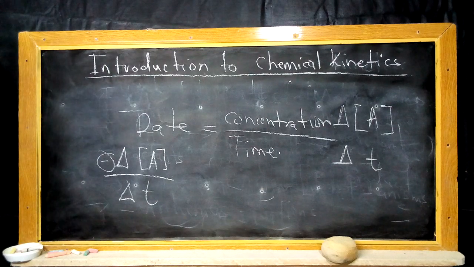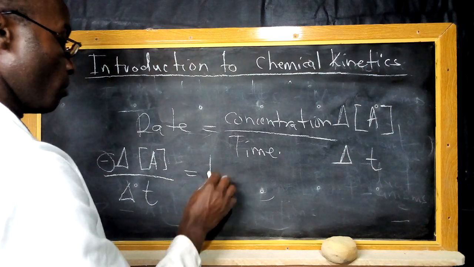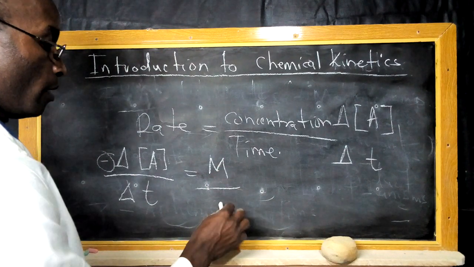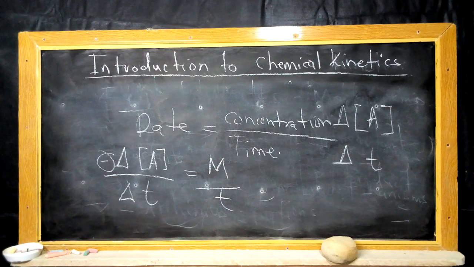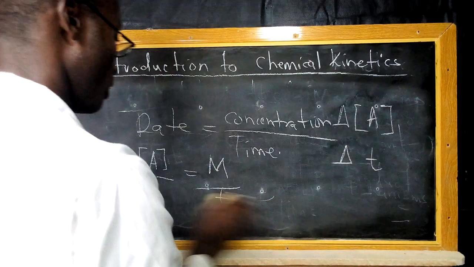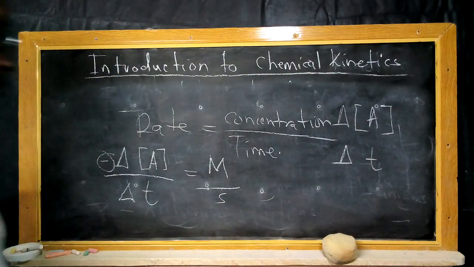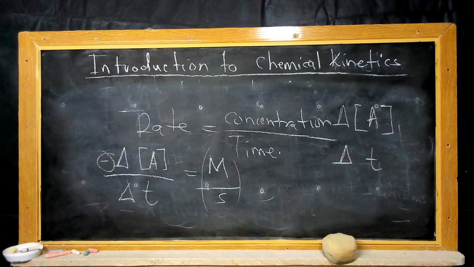Now we know that the unit for measuring concentration is molarity, as we have mentioned, and the unit for measuring time is t, which of course is seconds. So the units are molarity per second, where molarity is the number of moles per liter of a solution.